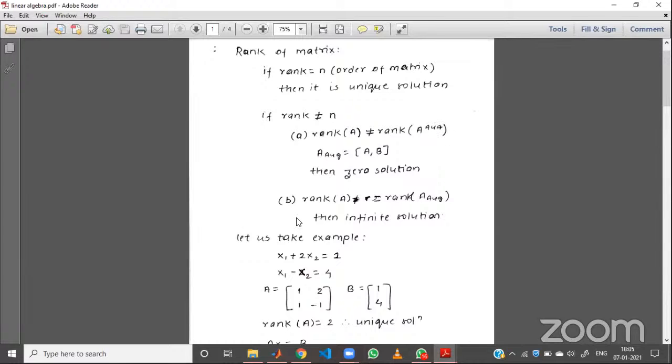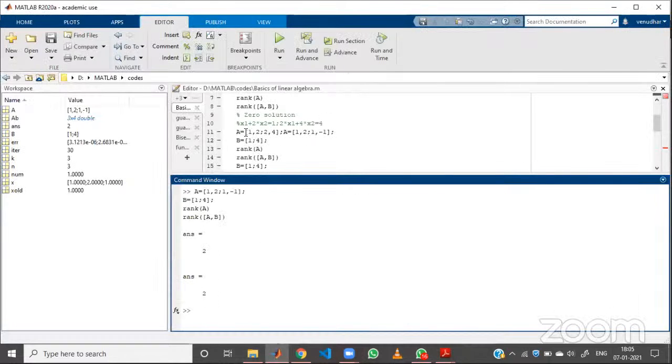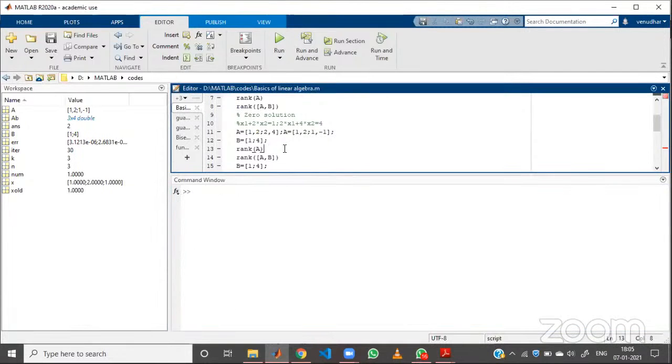Let me give this example in MATLAB. For the zero solution we have x1 plus 2x2 equals 1, 2x1 plus 4x2 equals 4.